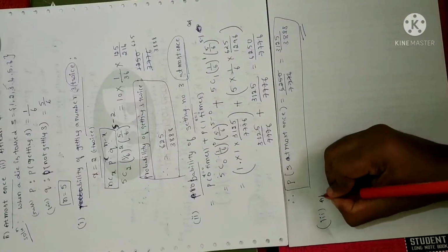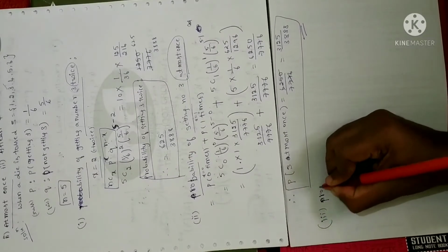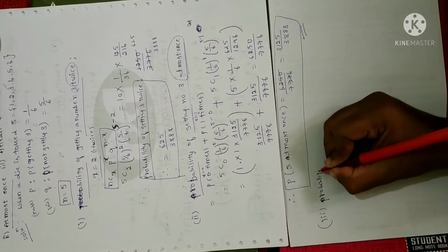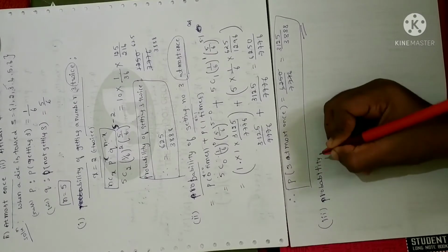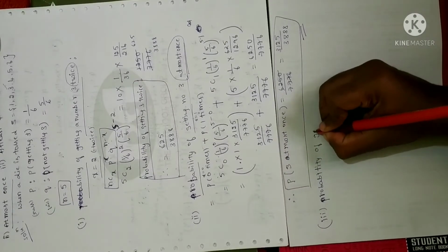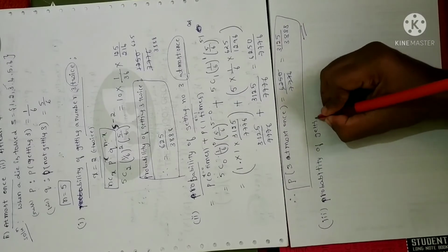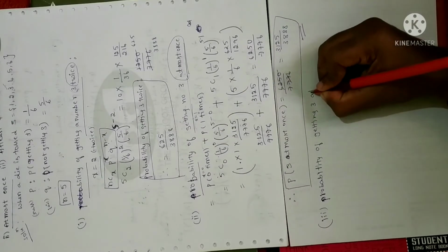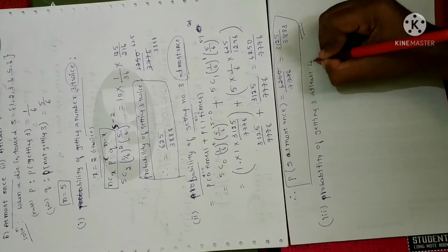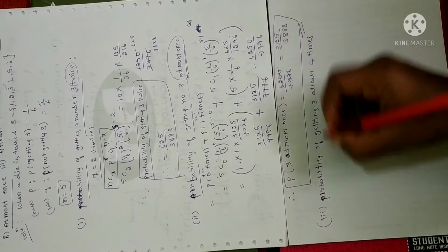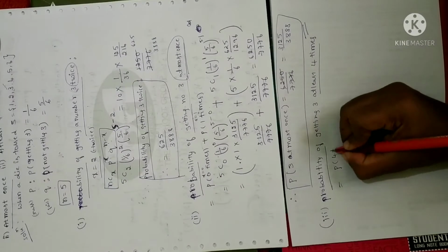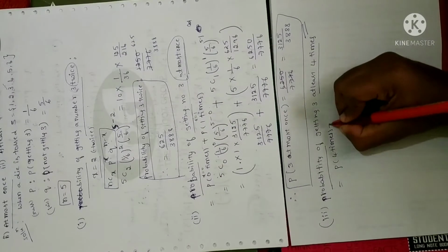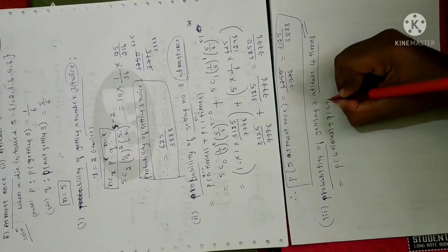is at least, or probability of getting 3 at least 4 times. At least 4 times is given. So it is none other than probability of getting 4 times plus probability of getting 5 times.